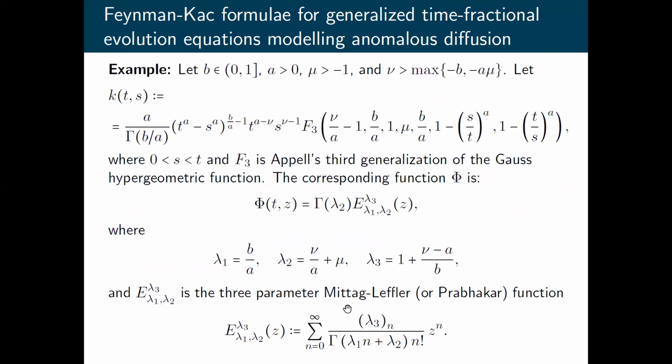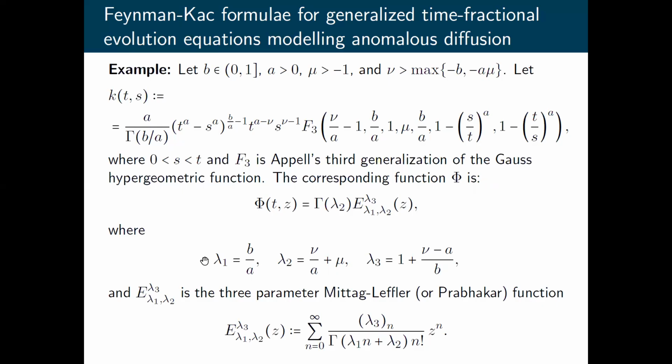In particular, for a big class of kernels given in terms of Appell's third generalization of the Gauss hypergeometric function. So this is a family of kernels with 4 parameters, a, b, mu, and nu. One can find the corresponding function phi, and this is actually the 3-parameter Mittag-Leffler function, or Prabhakar function.